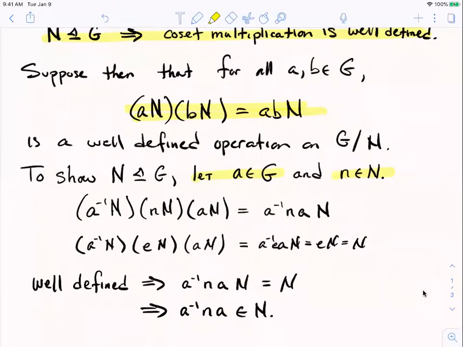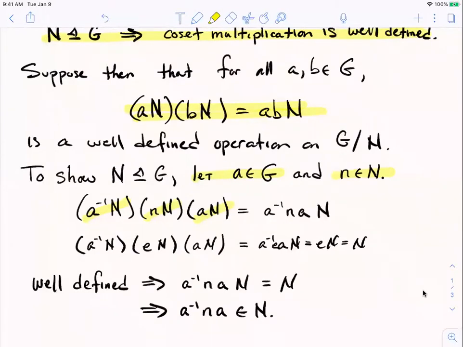Here's how we're going to go about doing that. I pick my a and my n from the group and the subgroup respectively, and then I'm going to look at this coset product: the coset containing a inverse times the coset containing n times the coset containing a.